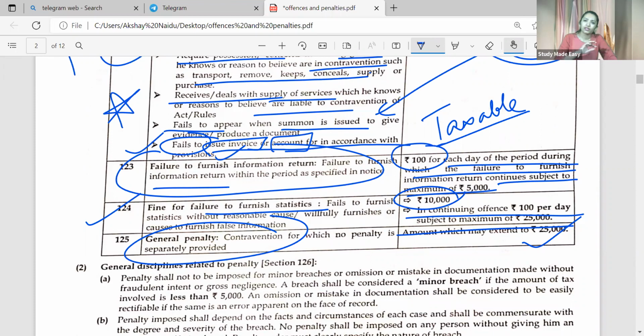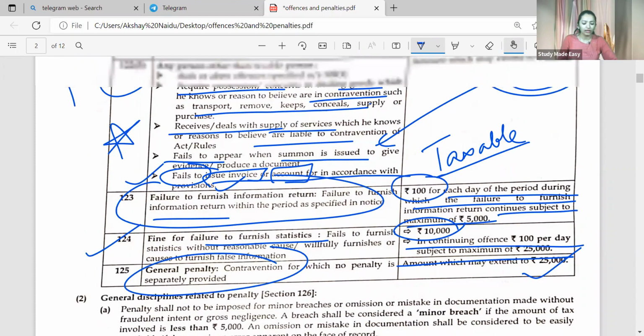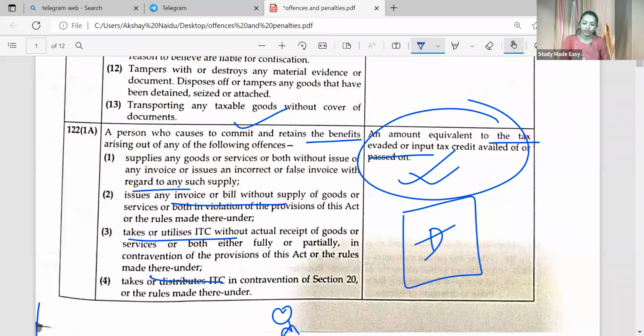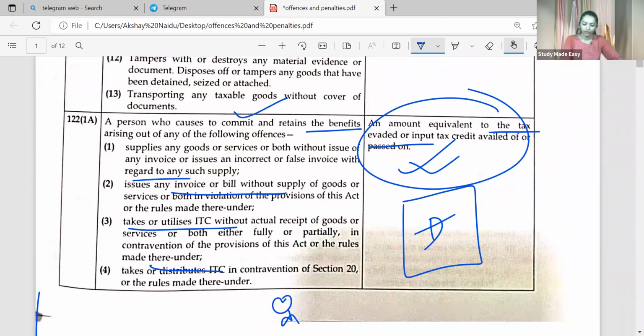In such a case, what he is doing, अगर यहाँ पे ये जो person है, if he is doing what? If he supplies goods or service, या तो invoice is not correct, or invoice is not issued, or even he issues the invoice in contravention to the provisions of the act, or utilizes ITC without actual receipt of goods.